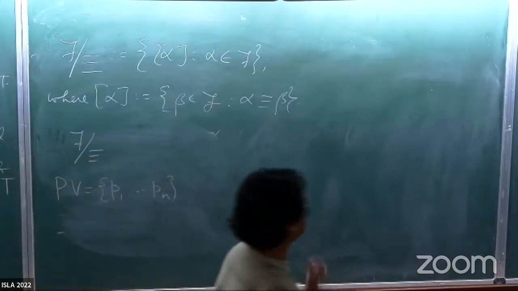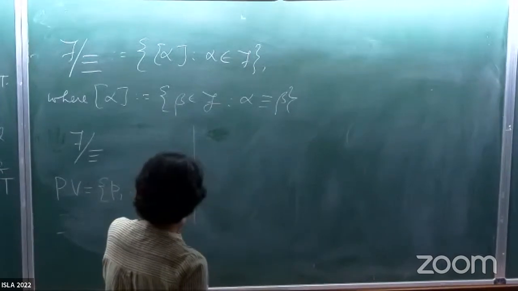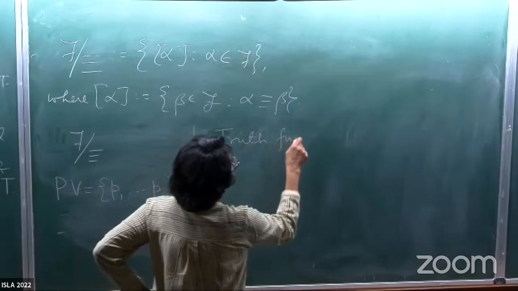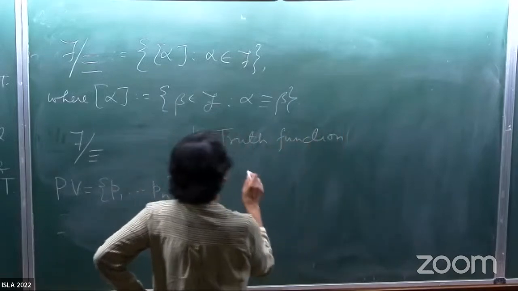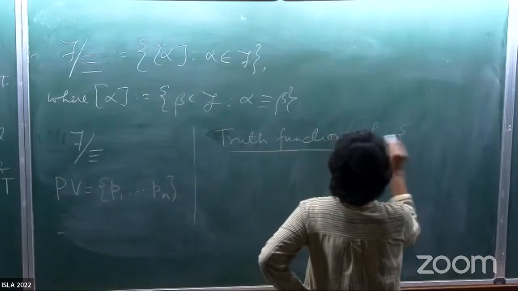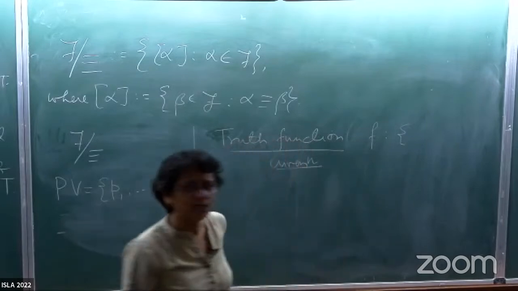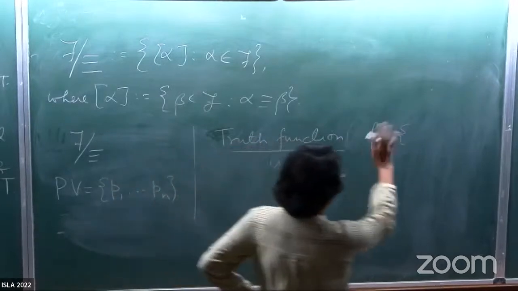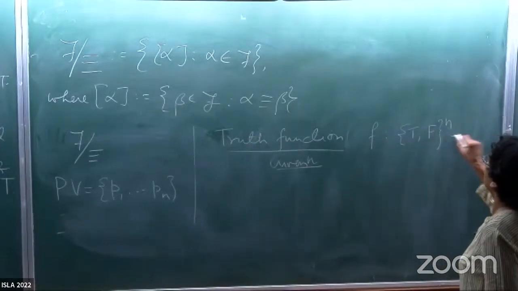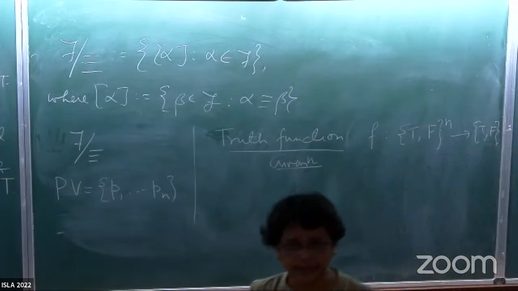That bit is also an interesting part of the story, which brings me to this notion of a truth function. Given a natural number n, a truth function for that natural number n is nothing but a function of this kind.